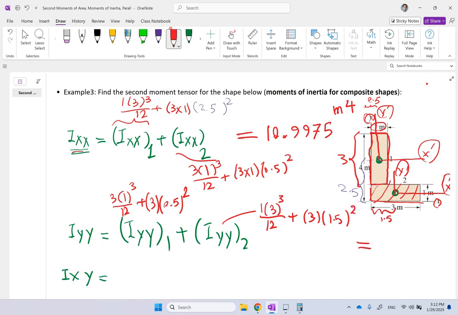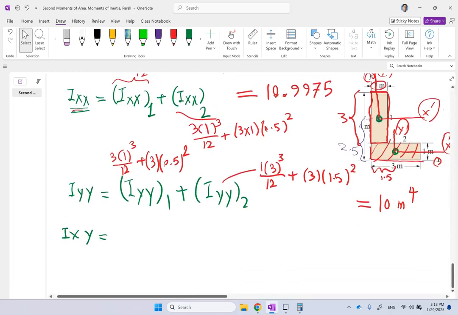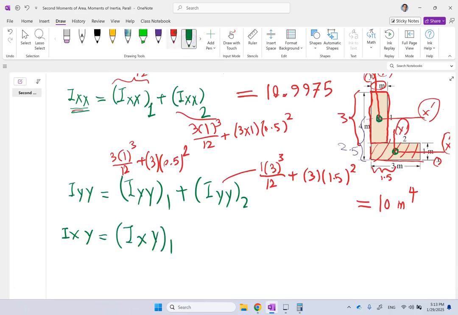So if you calculate that, you will get exactly 10 meter to the 4. And then if we go for IXY, very similar. This is going to be IXY of shape 1 plus IXY of shape 2.